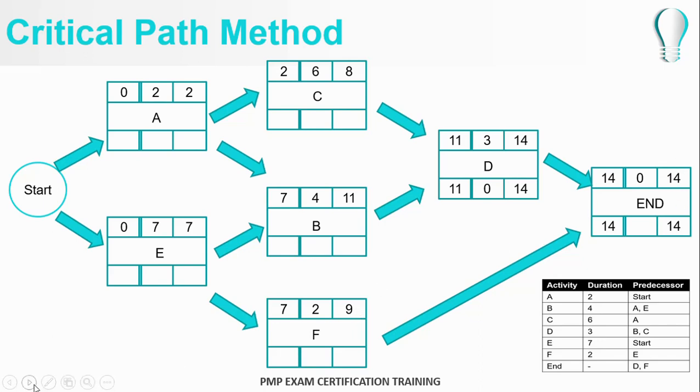So on the reverse back calculation, for activity D, the latest finish time will be day number 14. 3 days to complete it. Calculating backwards, the latest start time will be day number 11.